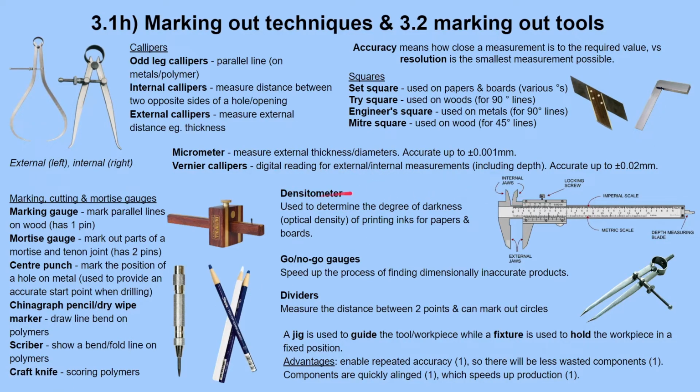Okay, so densitometer, we talked about. A go or no-go gauge. Quite a smart device. It comes in all sorts of shapes and sizes, but basically it's some way of showing either you accept the product because it has the correct tolerance, or it's too big or too small. So if you imagine you have a cube and you want to double check the dimension of the cube is correct, you can have some sort of opening, for example, a square opening.